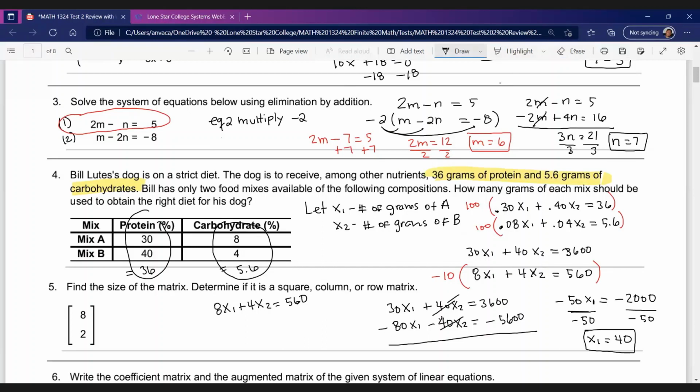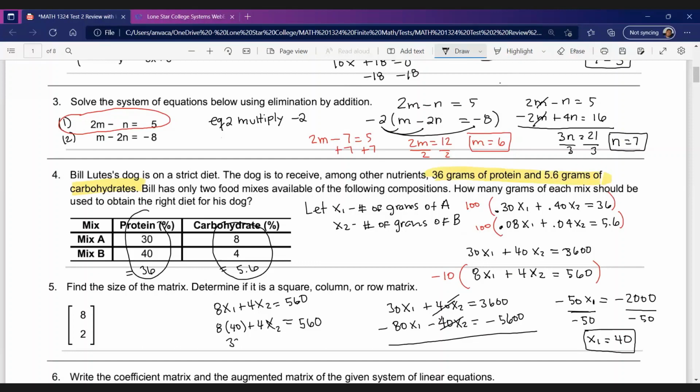We know that x1 is equal to 40, so 8 times 40 plus 4 times the second variable is equal to 560.